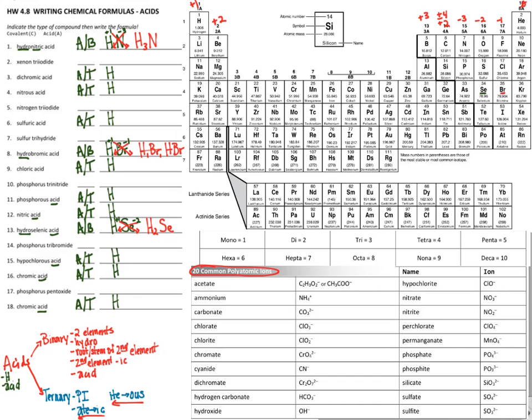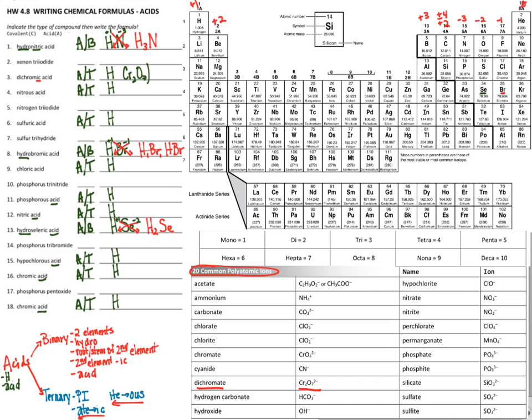Okay? All right, so let's look at the first one. And the first one ends with ic. So that means that this polyatomic ion should be dichromate. And if I look for dichromate on my list, here's dichromate. Okay. And here's my formula, Cr2O7. So I'm going to go ahead and write that down. Cr2O7.